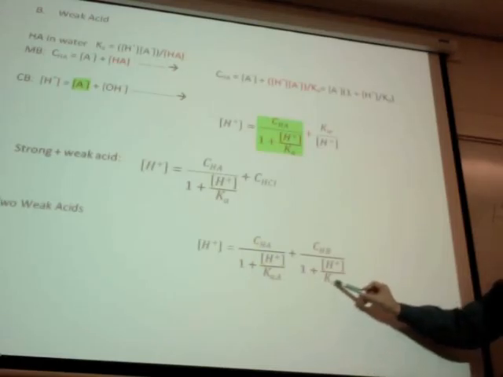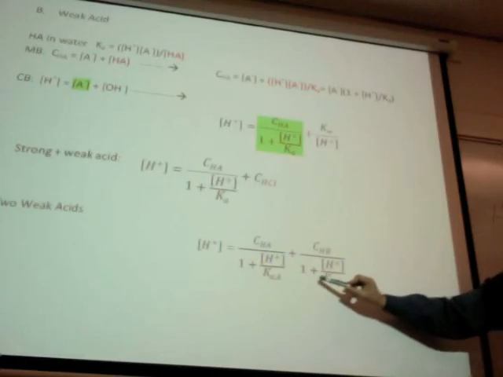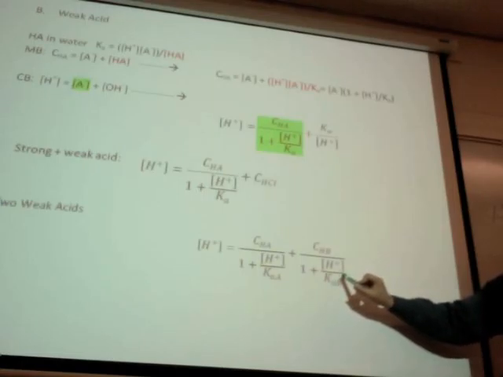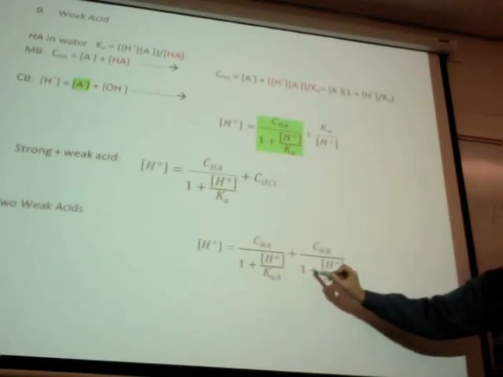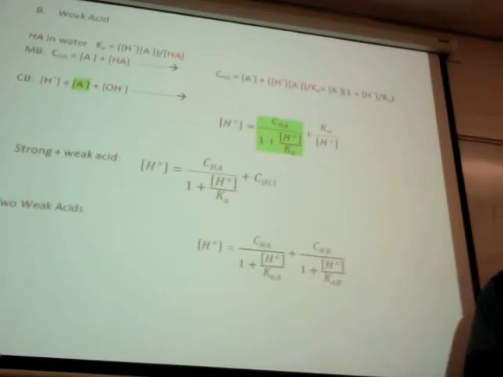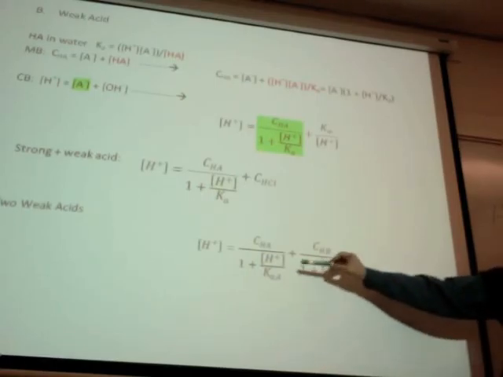Well, we'll have to look at the relative magnitude. If the Ka is 10 to the minus 4, then you add it, and if it's higher, well, we don't know until you plug in the numerical value. If this over that is much larger than the 1, then you just neglect the 1. Nonetheless, this is universal.